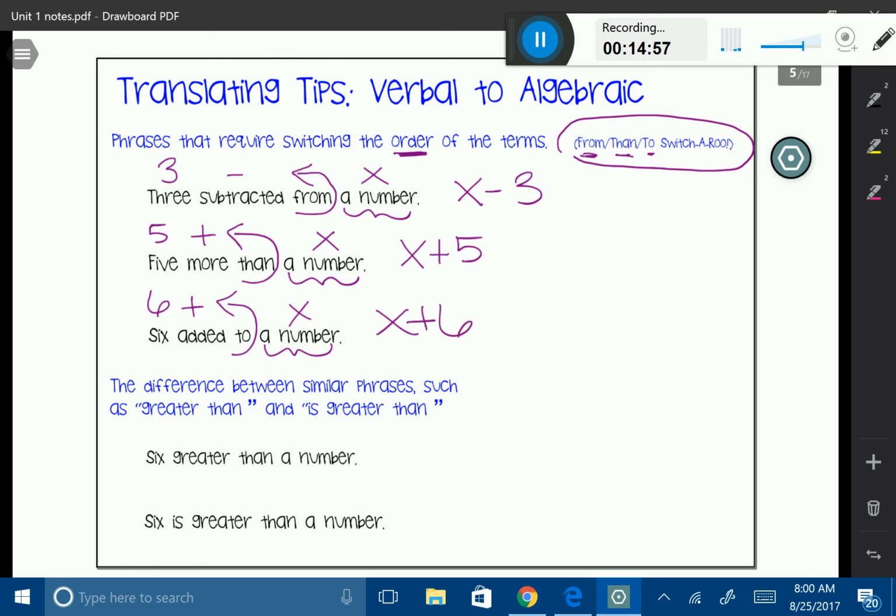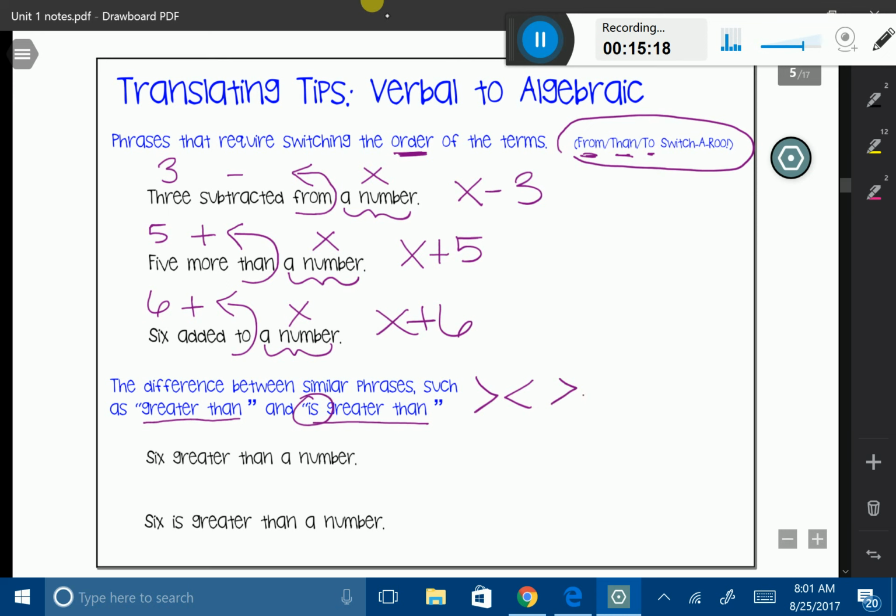This is it: the difference between similar phrases such as "greater than" and "is greater than." If you look at those two phrases, the only thing that is different between them is the word "is." If you have the word "is," that means it's going to be an inequality, meaning it's going to use symbols that look like this.